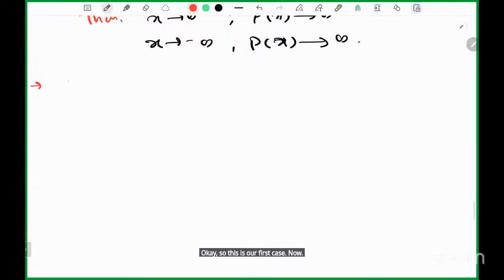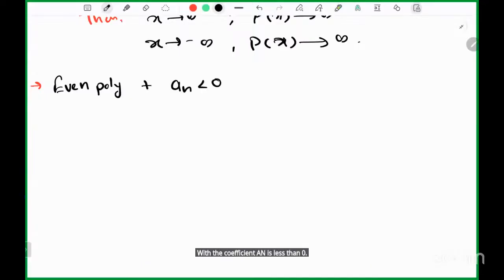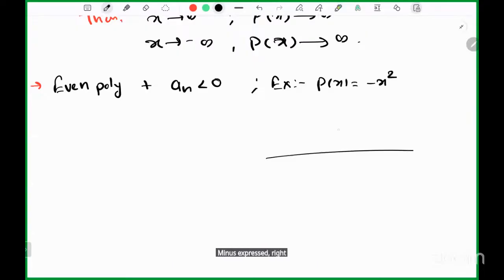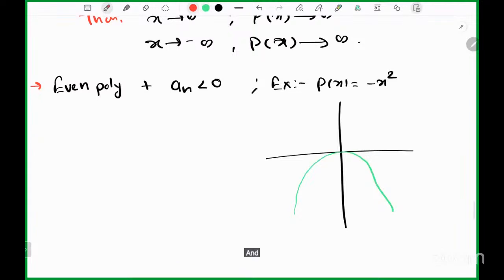Now the second case is when we have an even degree polynomial with the coefficient a n less than 0, that is, a negative coefficient. You can take an example of p of x equals minus x square. Here is the graph of p of x equals minus x square. It's a downward parabola, and here you can answer the questions now.